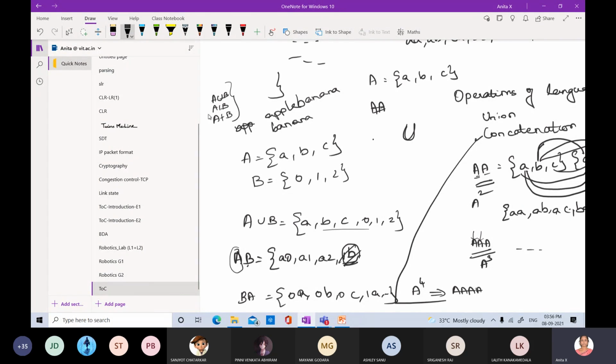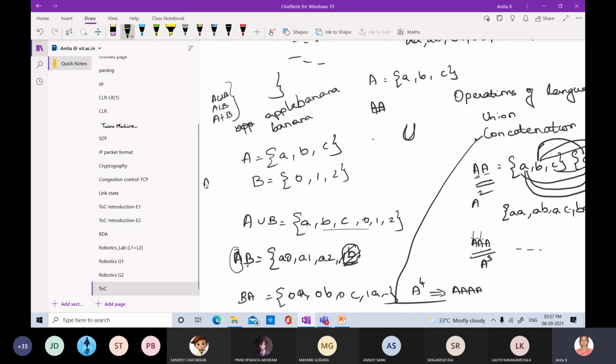So if I come across this, what is the meaning? I can either have a string from A or a string from B. That is, I can have a string from this set or from this set, right? So what is concatenation?